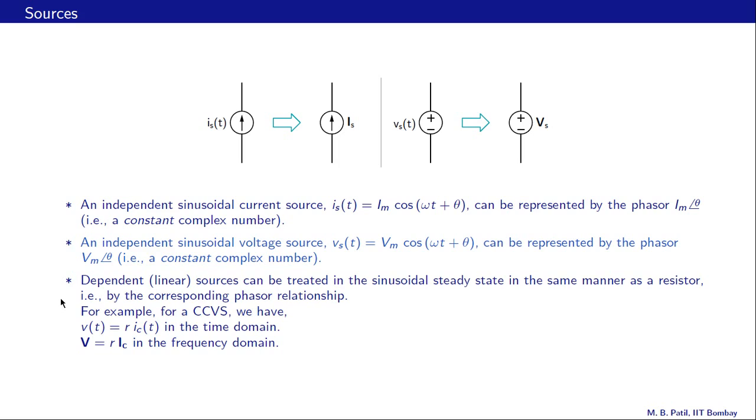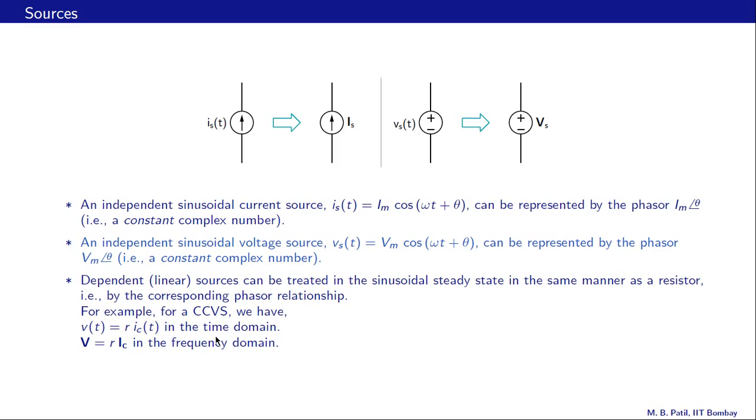What about dependent sources? Dependent sources can be treated in the sinusoidal steady state in the same manner as we treated a resistor, that is by the corresponding phasor relationship. For example, let us consider a CCVS, that is current controlled voltage source.